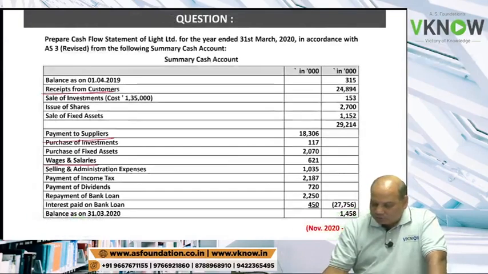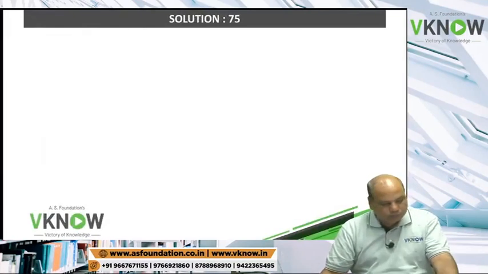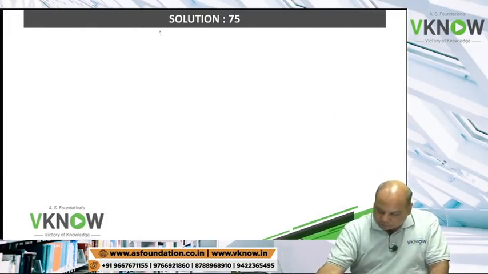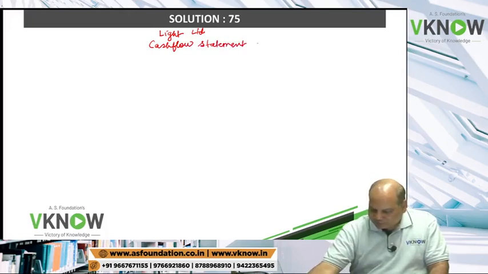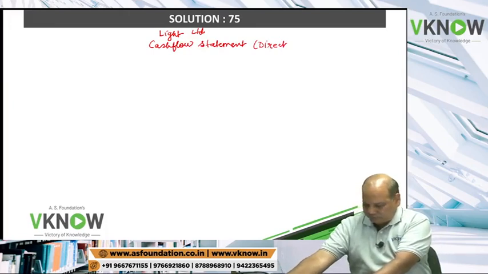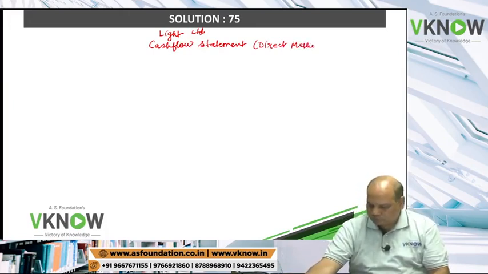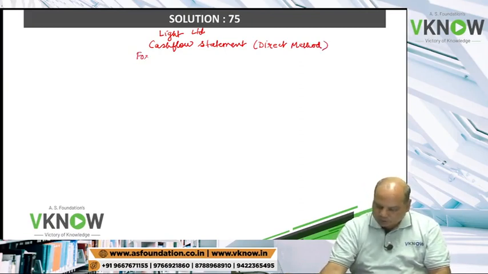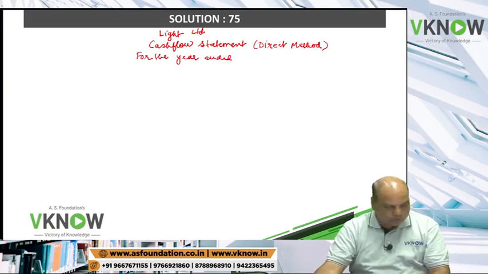First you write down the format. Name of the company, Light Limited. Cash flow statement (direct method) for the year ended 31st March 2020.